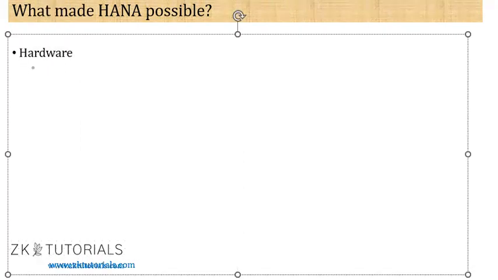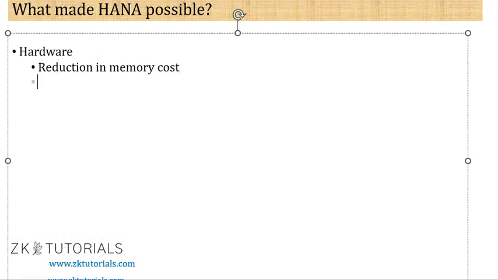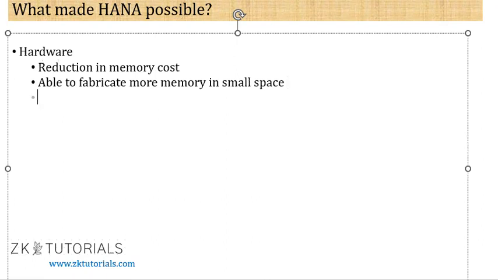So first is hardware. What made it possible? Hardware: reduction in memory cost. Second, being able to fabricate more memory in a small space, which is nothing but data compression.